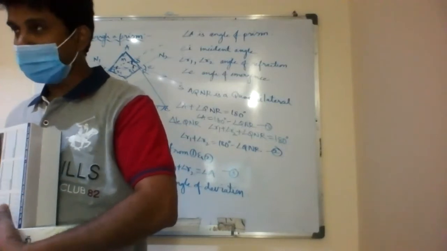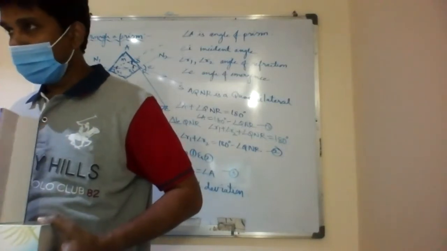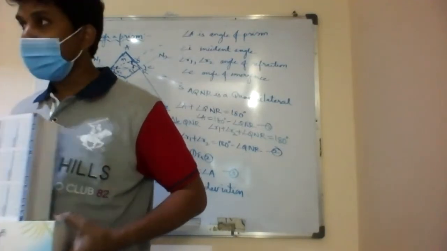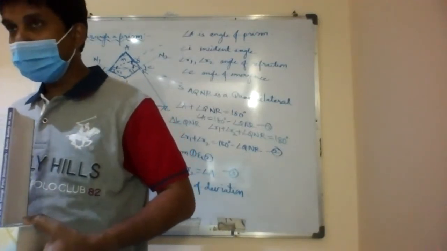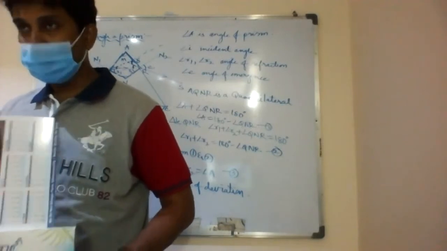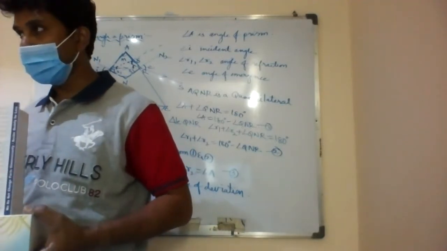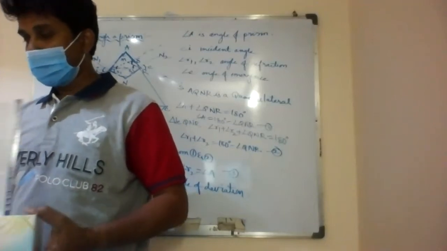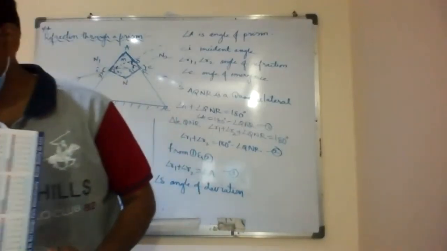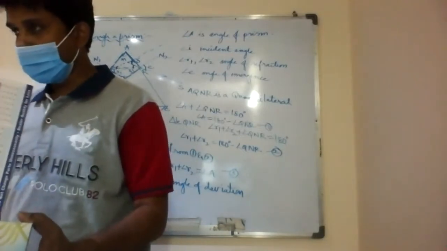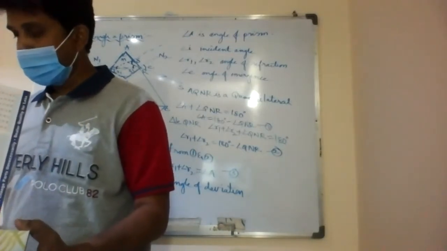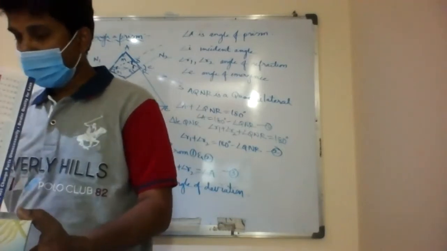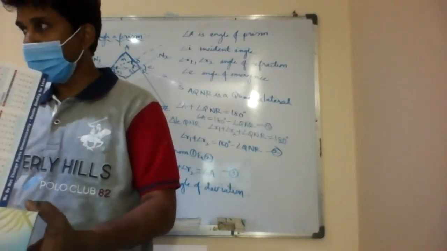Now you got the idea? The spectrometer is like a rotating table, and below it we have a circular scale.